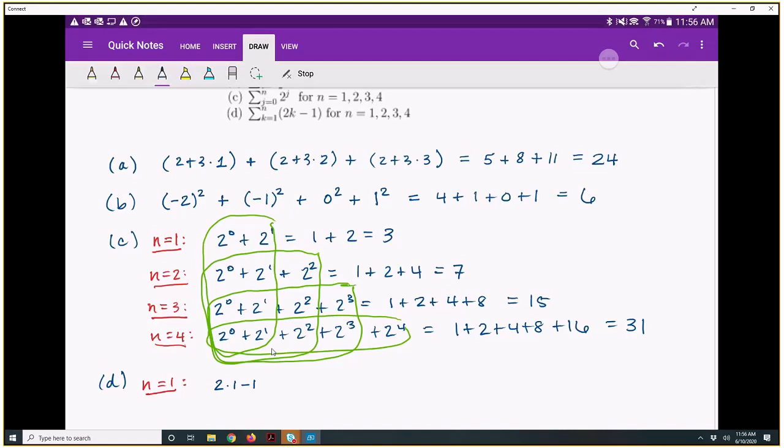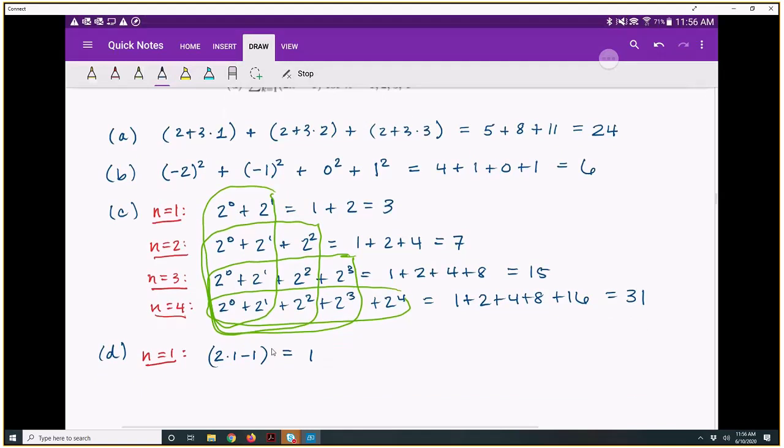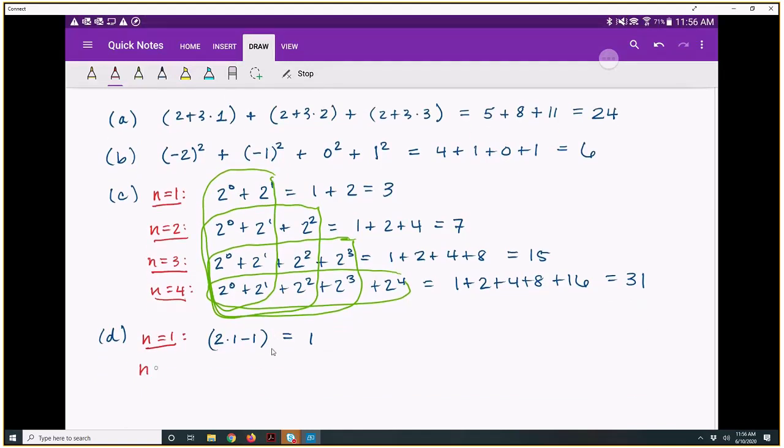And I just have one term in this case because the sum is from 1 to 1, starting at 1 and ending at 1. So this is 1. If n is equal to 2, then I start at 1, but I end at 2. So I have 2 times 1 minus 1 plus 2 times 2 minus 1, which is 1 plus 3, 4.